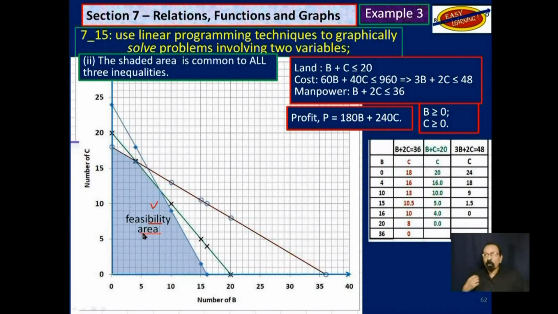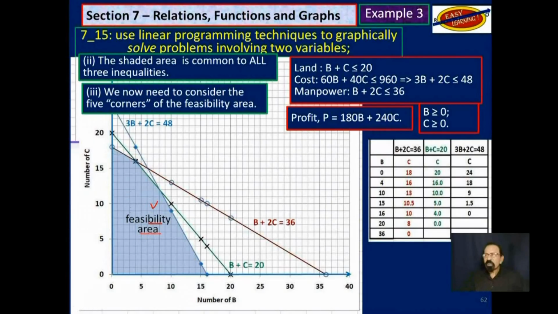This is which is the best point to give the most profit. And generally, you will consider the 5 corners of the feasibility area. That is this one here, that one there, that one there, this one here, and this one here.